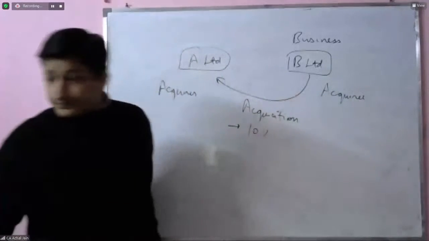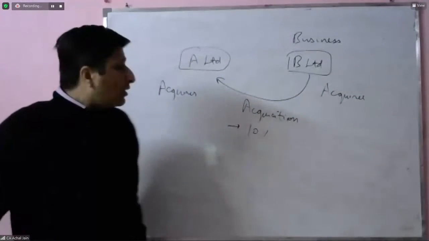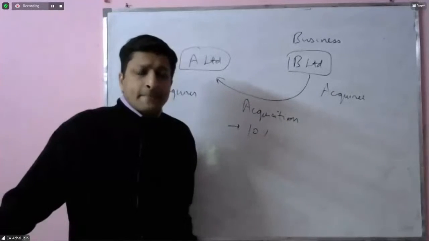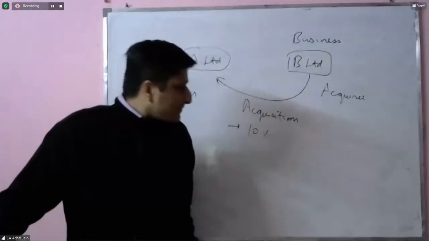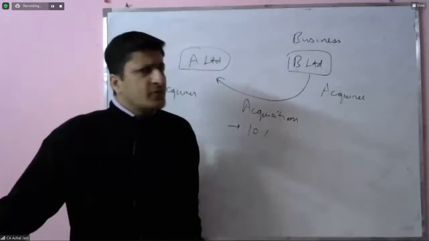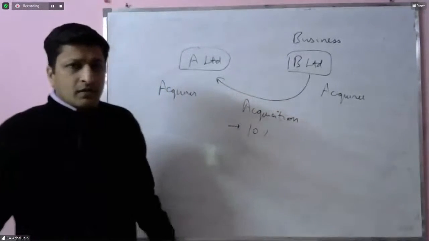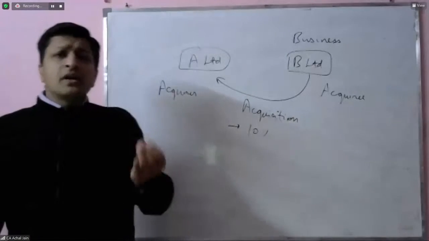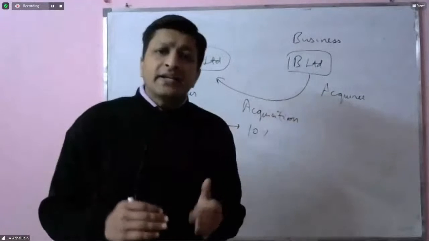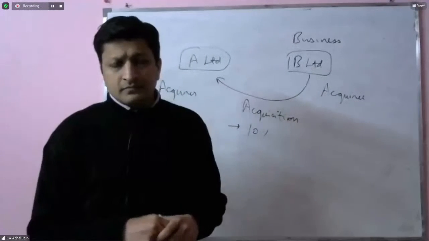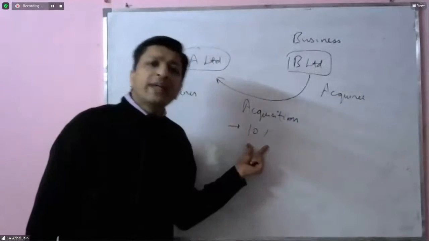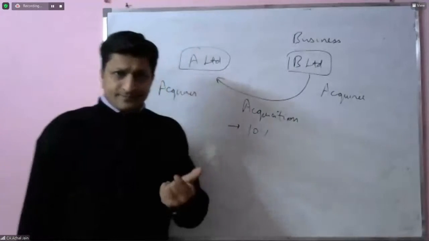Now, with 10% equity shares, generally, we cannot say that the control will be established. Because for control to be obtained, certain criteria are required to be met, which will generally not be met when only 10% stake is acquired.